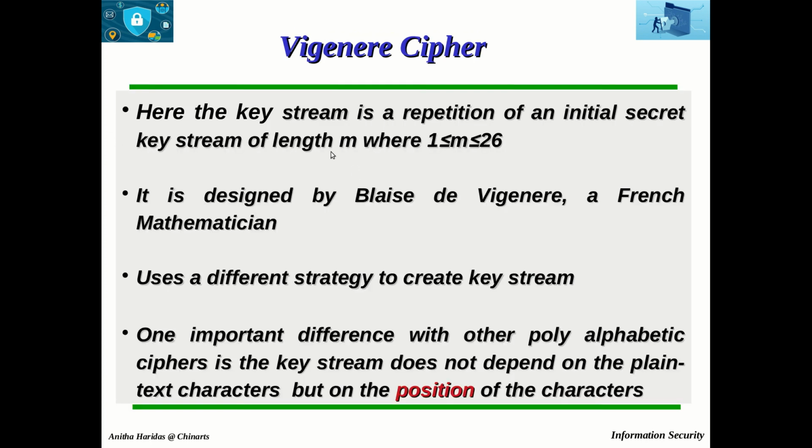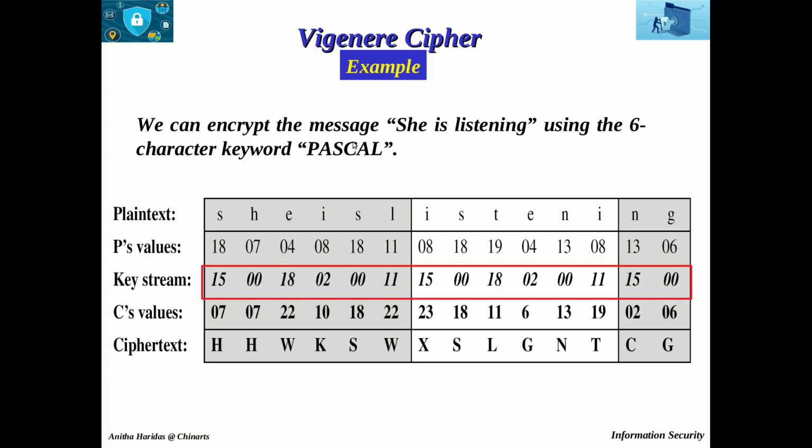The m value is 6, which is obviously between 1 to 26. The message is now divided into 6 characters each, and for each set of 6 characters, I am going to add the key stream value.